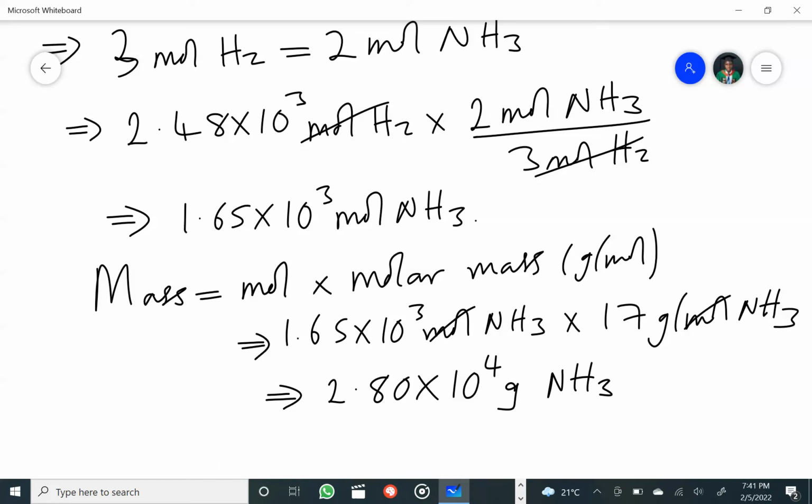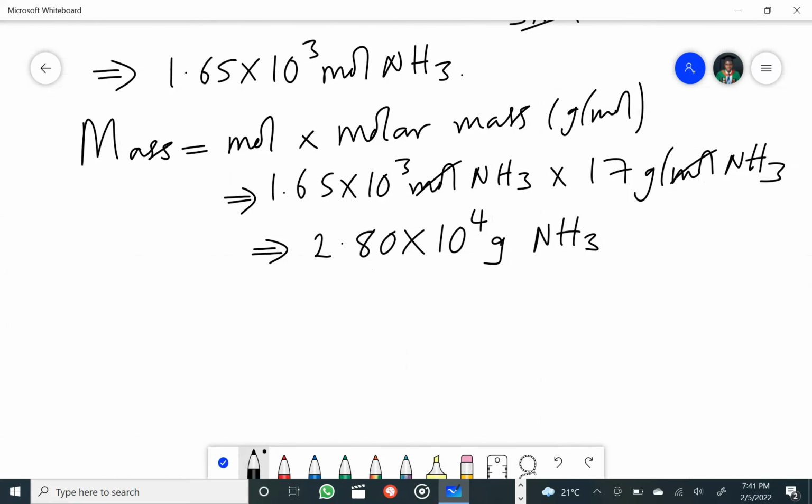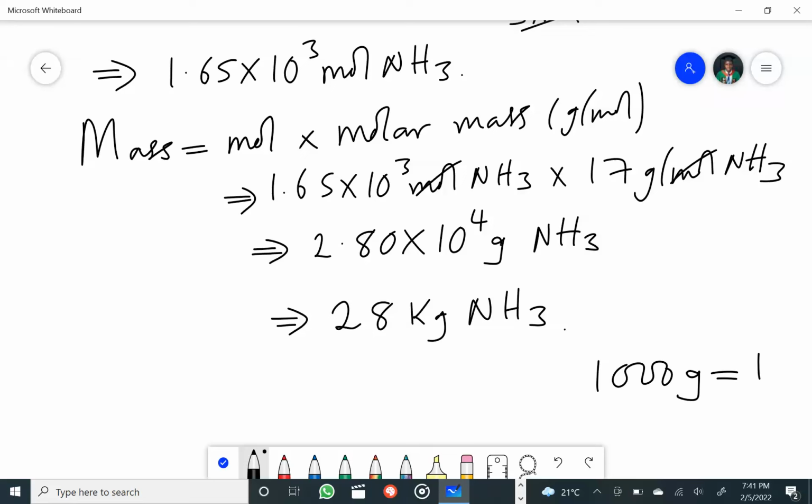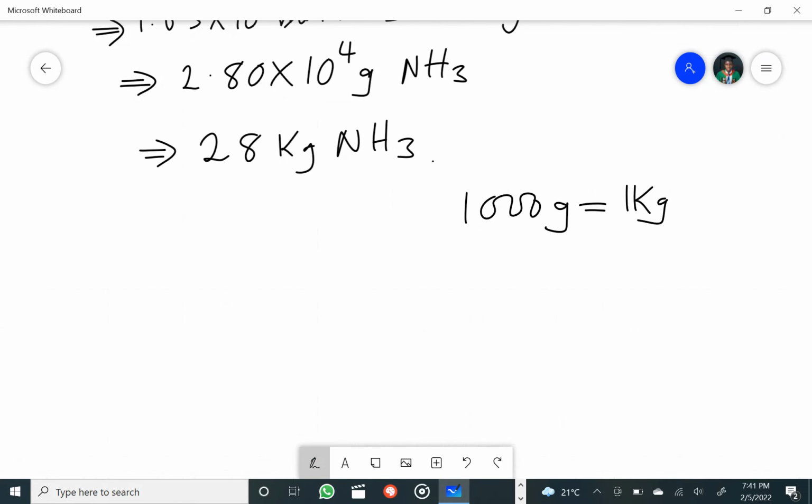Now, how would you want to write it? You would also want to convert that to kgs, since we're given things in kgs, so it wouldn't be harmful to convert it to 28 kg. Again, you want to show your conversion. Remembering that 1000 grams is equal to 1 kg, you can show your working there. You have to show how that's being converted. So on the sideline, before you write 28 kg here, you'd have to show it.